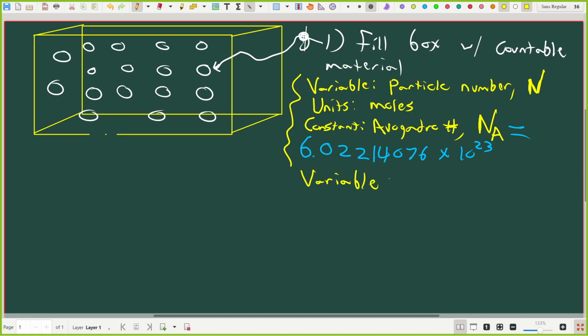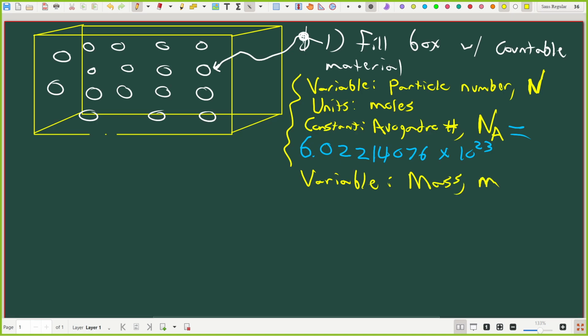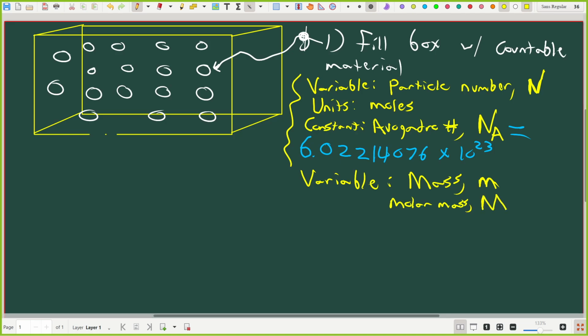Our second one is mass, which sometimes we write as lowercase m. Sometimes we write molar mass, which is uppercase M. You'll sometimes see me use big M and little m. Little m means the mass of a single particle. Big M means the mass of a mole of particles.